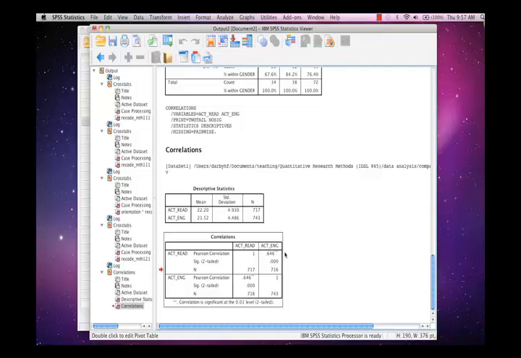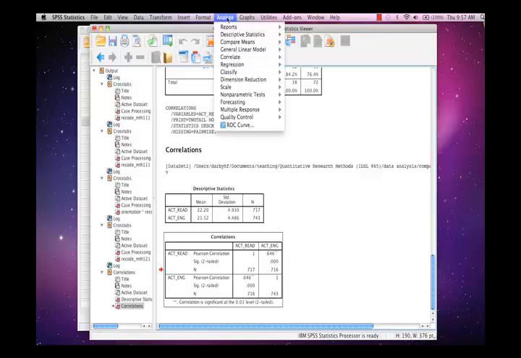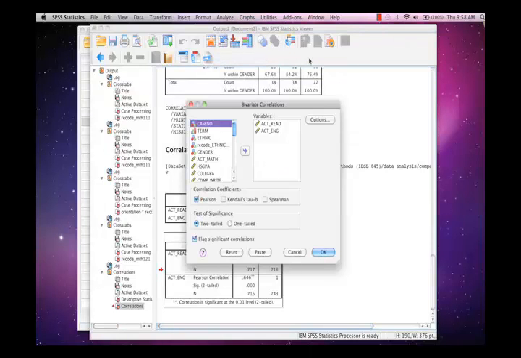So we have learned that the relationship between ACT reading and ACT English is positively correlated, and it's a moderately strong relationship. Let's check out one more. Correlate, bivariate. We're going to reset, get rid of those variables that are in there, and pick two other variables.